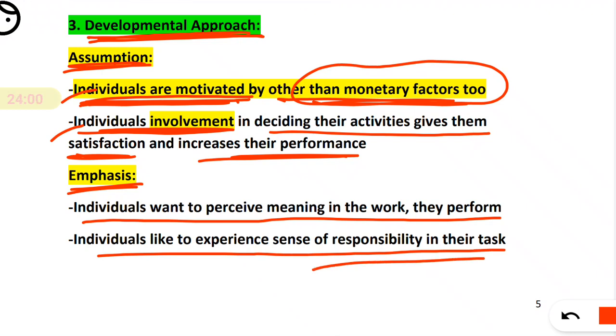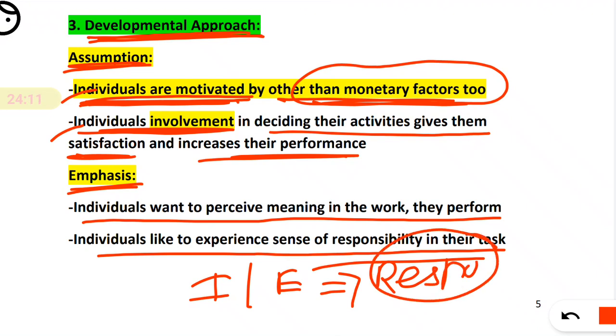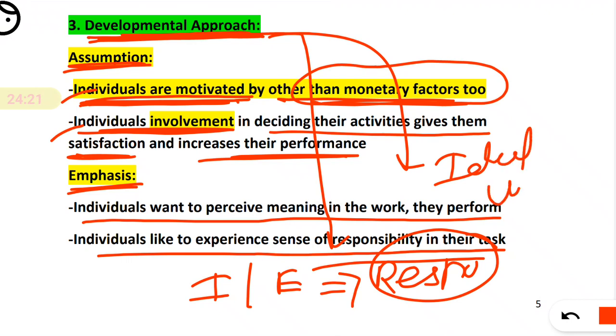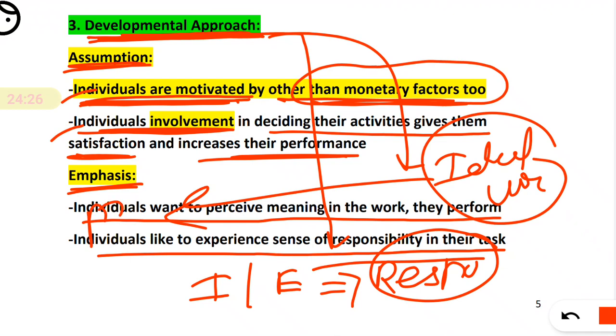Okay, so they may ask in which approach the individual or employee feels responsible. In the case of the developmental approach, the employee will feel responsible. How? See, in the developmental approach, the different ideas of workers or employees are also considered while designing the policies, or making policy decisions.